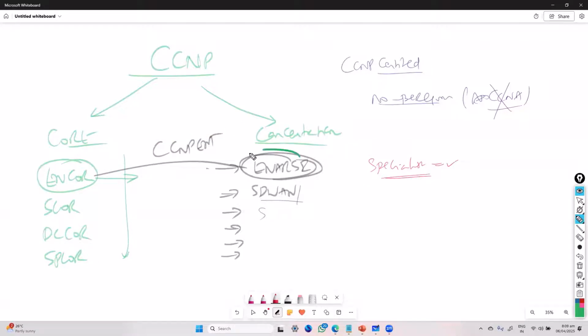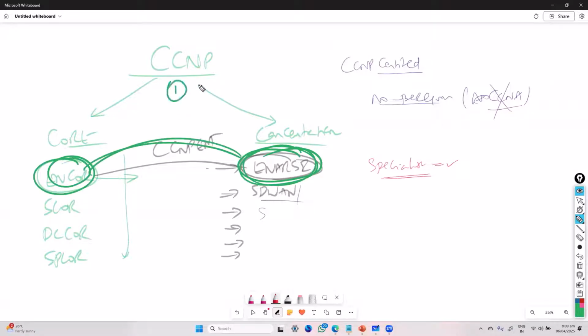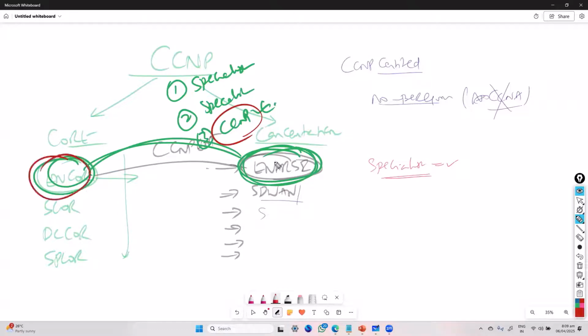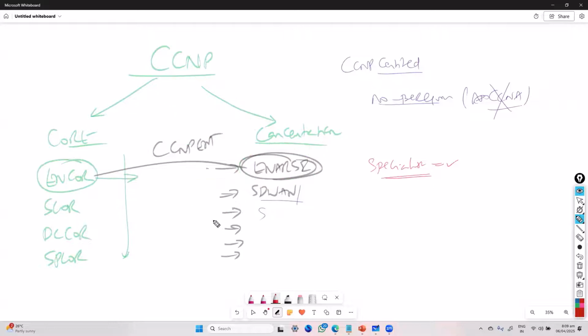When you pass two exams, one core exam and any one concentration exam, then you will get three certificates: the core specialist, the concentration specialist, and then CCNP certified. So in order to get CCNP certified, you need to pass one core exam and one relevant concentration exam.